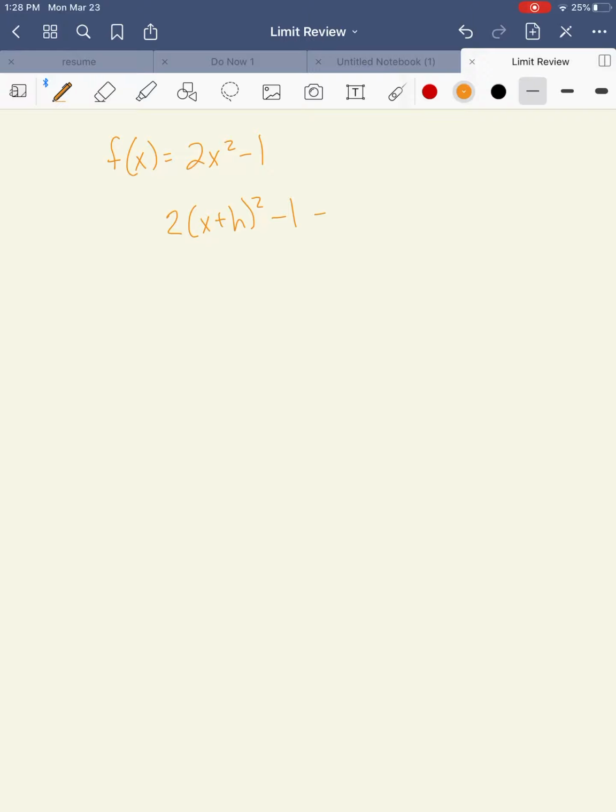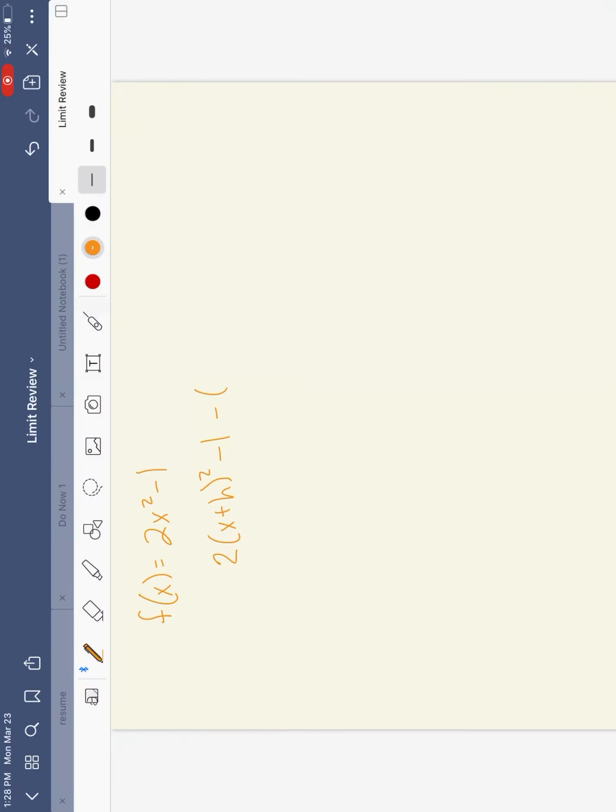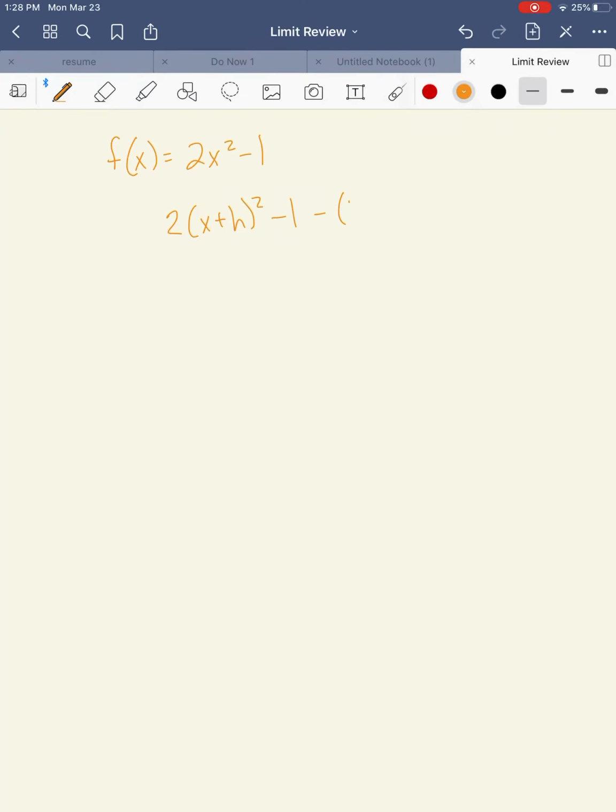And then subtract the entire function, 2x squared minus 1 all over h. Take the limit as h approaches 0.